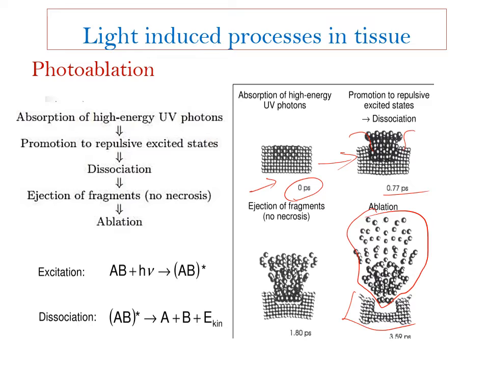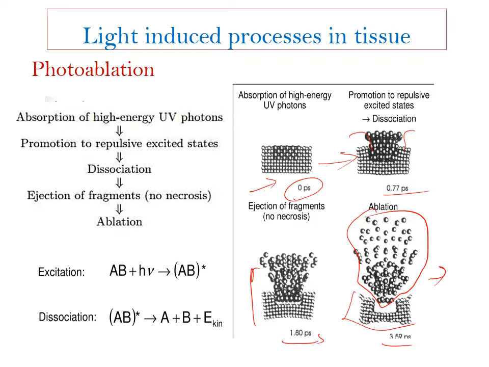At 1.8 picosecond of interaction of light with the tissue, ejection of fragments will occur, and at approximately 3.59 picosecond, ablation will occur. So most of the ablation work is done with ultraviolet excimer laser.